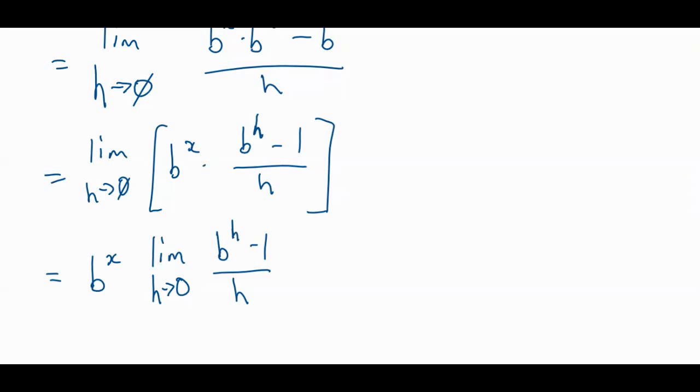This limit is a constant in terms of x. This limit has a value. We just don't have the skills to solve it. But in terms of what we're trying to accomplish, the derivative of the function, this is just a constant. It has a value. Okay?